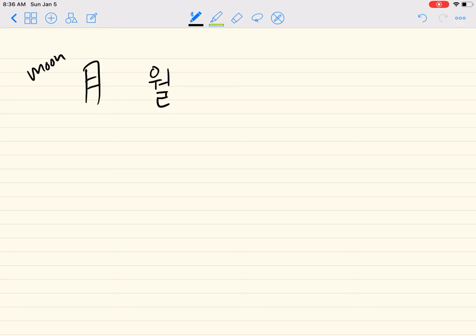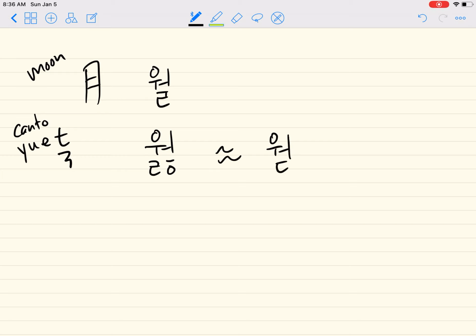But then in Cantonese, I think it's yue with a T in Canto. And so how they used to write it in Middle Korean was like this. And it's pronounced what, which is an approximation of this.